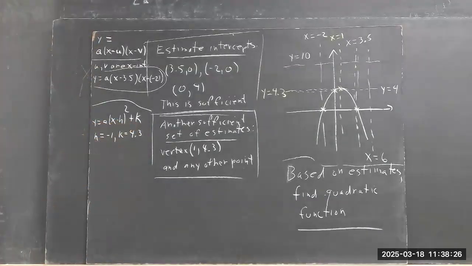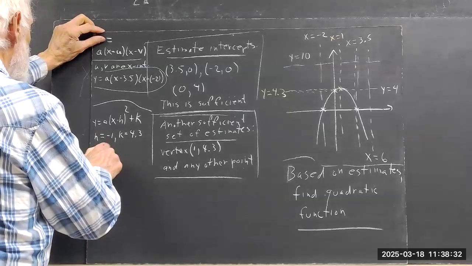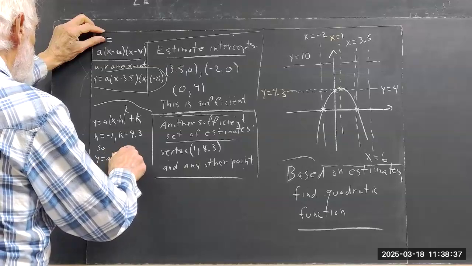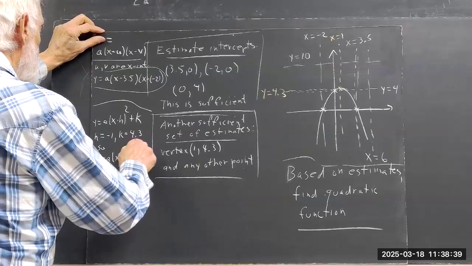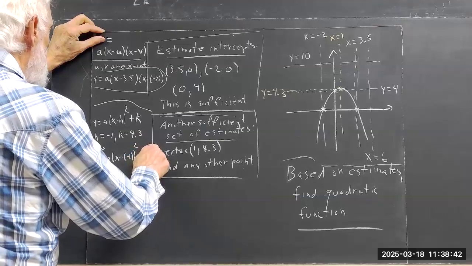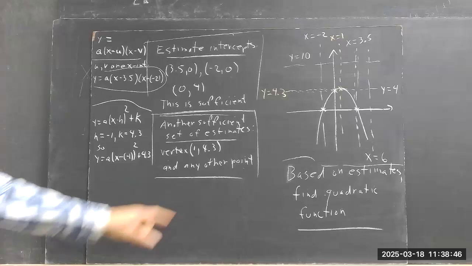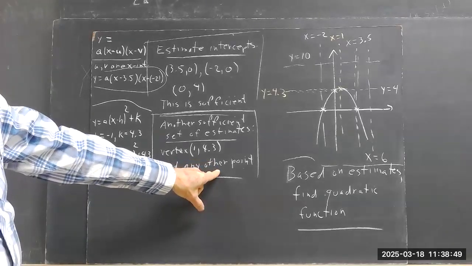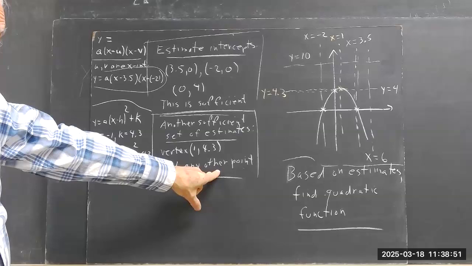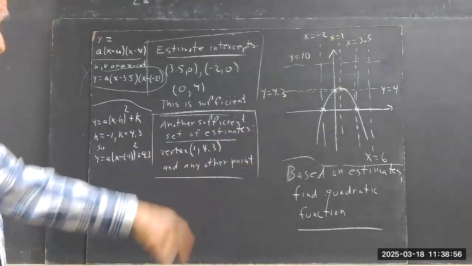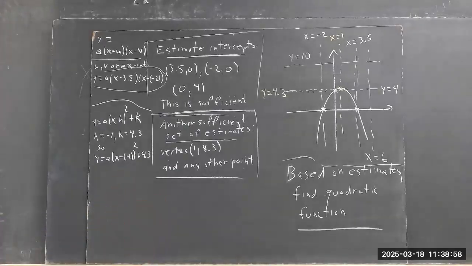H and K are the coordinates of the vertex, right? So y equals A times x minus -1 squared plus 4.3. Any other point. If I know any point on this thing other than the vertex, I can solve it.